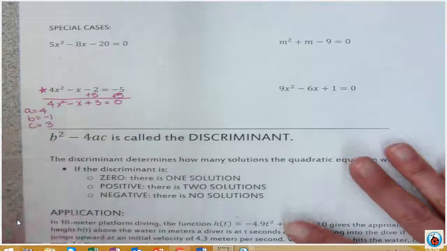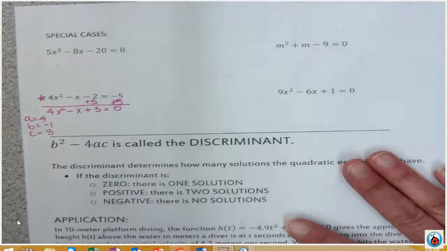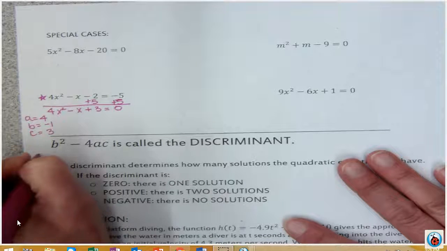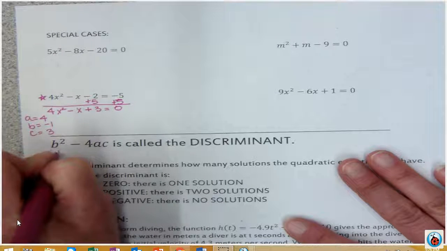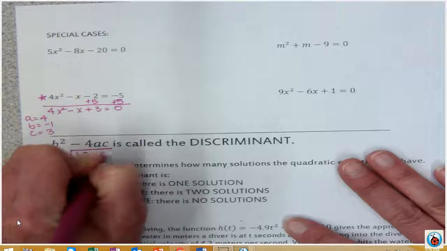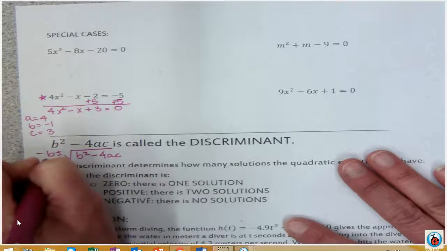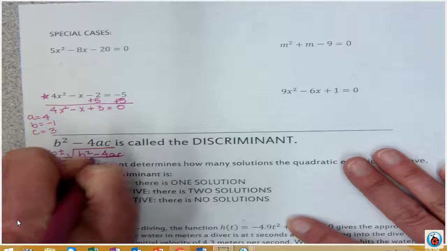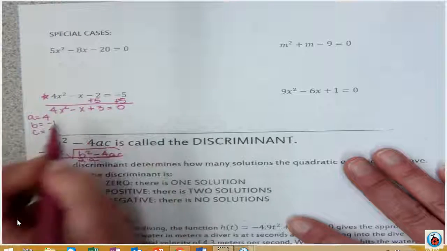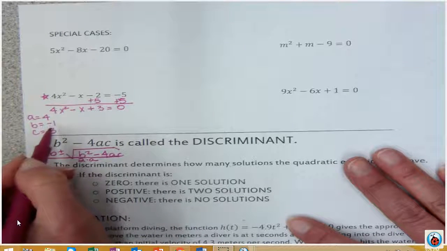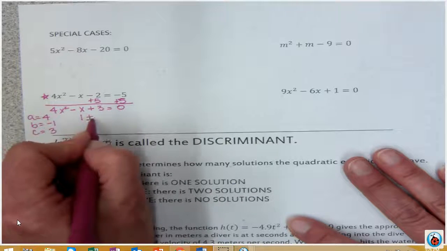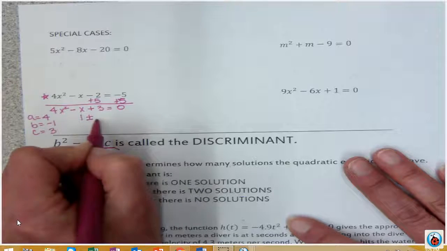So if I'm plugging that into my quadratic formula, I know that I've got negative B plus or minus square root B squared minus 4AC over 2 times A. Alright, then I'm going to plug in my negative B. A negative of a negative is a positive, so 1 plus or minus my B square root.